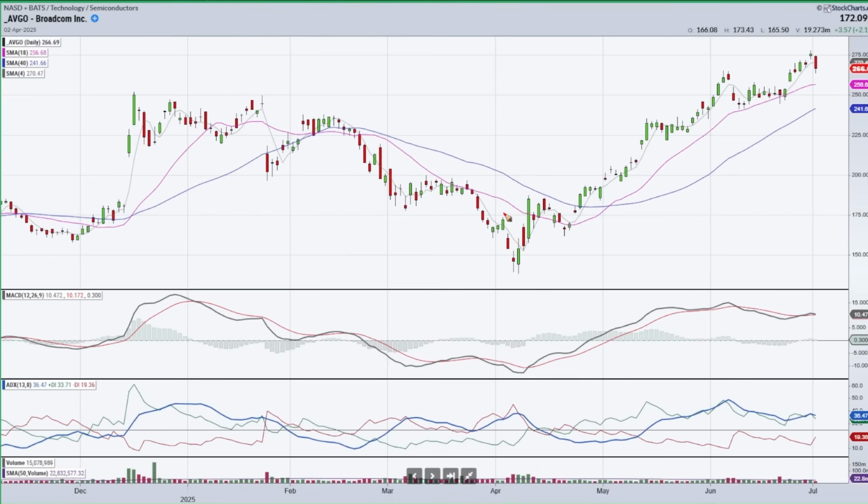Now, when I look at this, I kind of feel like I don't really want to buy after a big monster move like this, even though this looks like this is the start of the move. And when you look at it from a bigger picture standpoint, it seems like it's early. But when you're in the moment and you're looking to be a buyer, getting in and then watching it drop over the next 5, 6, 7 days sometimes, to me, is not as attractive. So what I like to do is I'm on the lookout for after it crosses over.